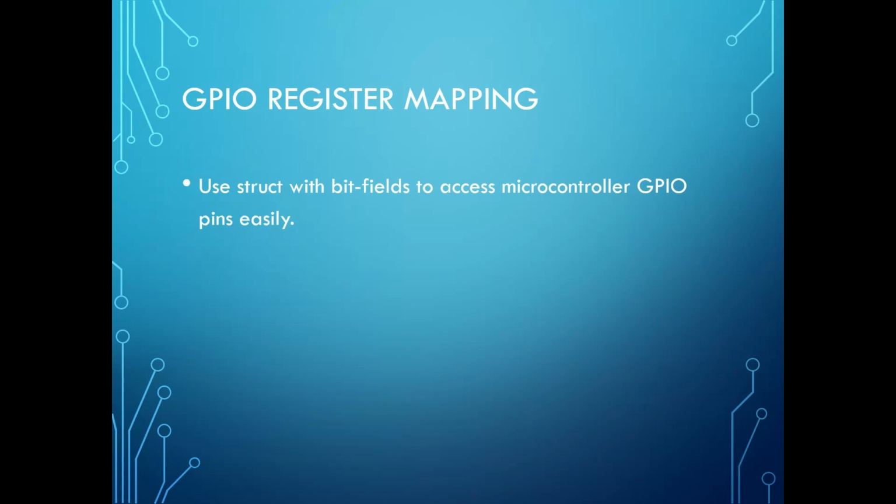Bit fields allow us to directly control GPIO pins instead of writing messy code like port equals port OR 1 left shift 6. We can just write pin 0 is equal to 1. This is much cleaner. So we can avoid that and write this using the GPIO register mapping.